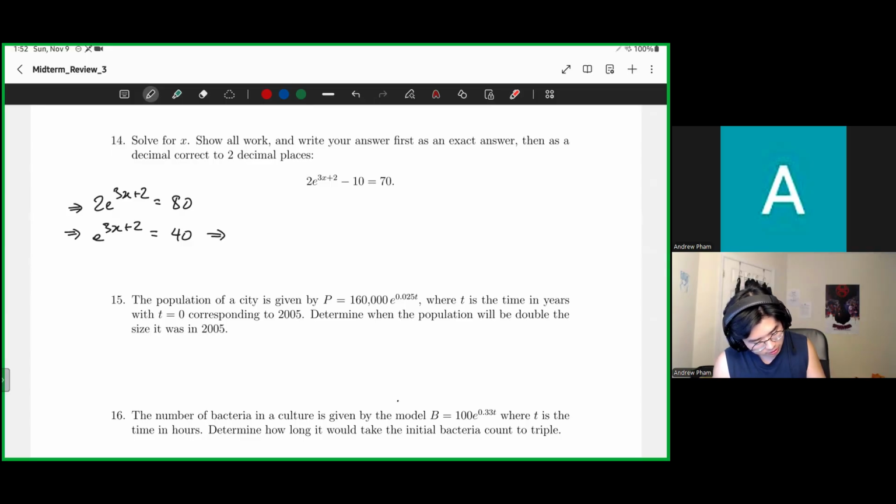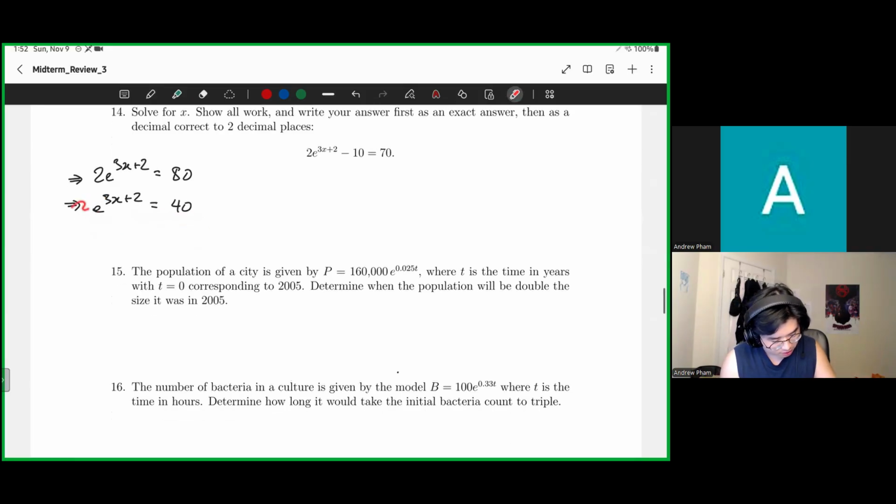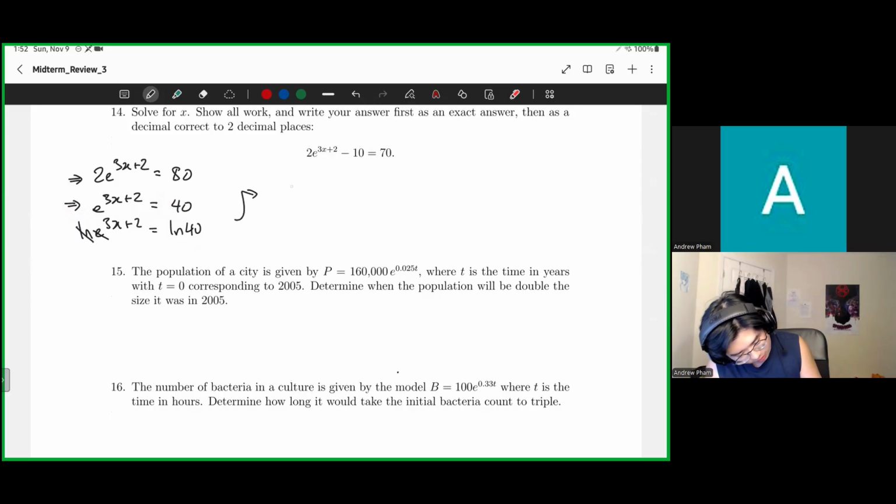Now I want to take the natural log of both sides, so that the ln and the e cancel, because natural log is log base e. So I'll do so. ln of e to the 3x plus 2 is equal to ln 40. The ln and the e cancel, so I'm left with 3x plus 2 is equal to ln 40.